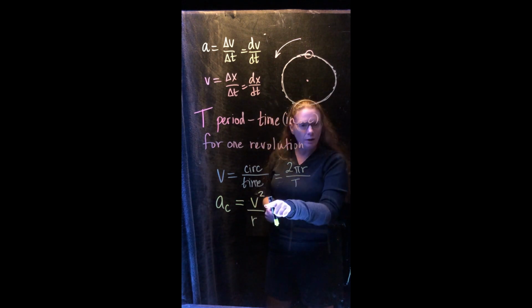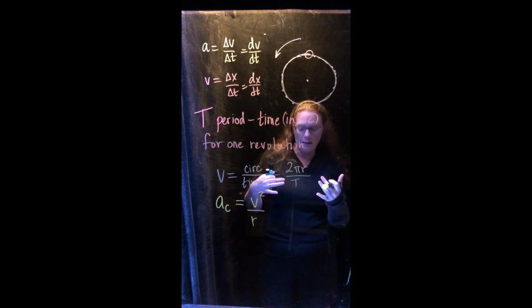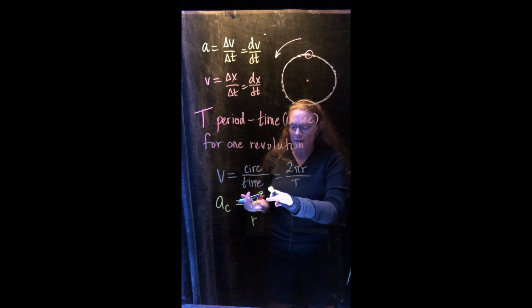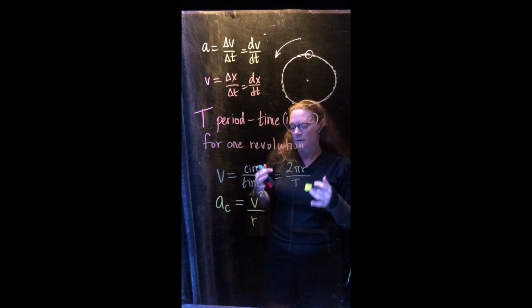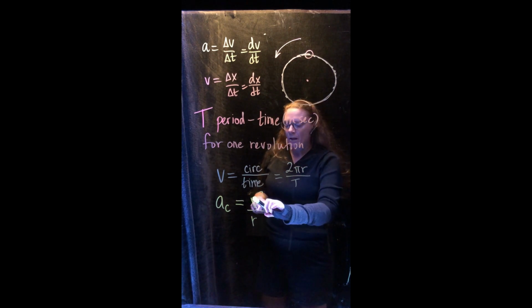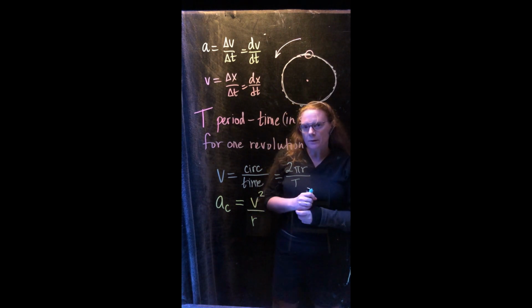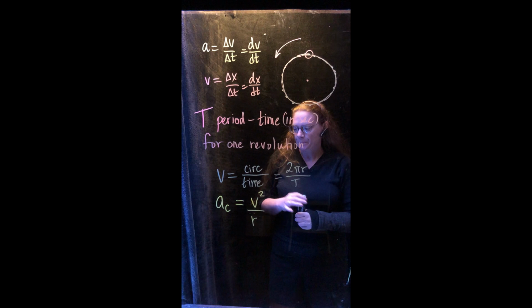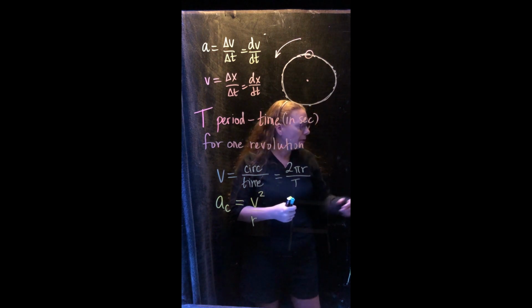So it's the speed squared, and we're using v, but remember: speed, velocity. I'm going to talk about it as velocity, but remember the direction is changing. So mostly we're going to be talking about the speed with these equations. Speed squared over the radius. So I want you to think about two things now. If the velocity gets bigger, what do you think happens to the acceleration? So think about that.